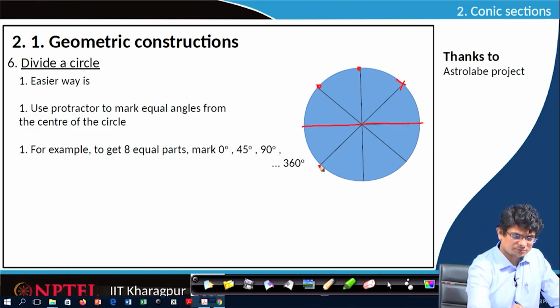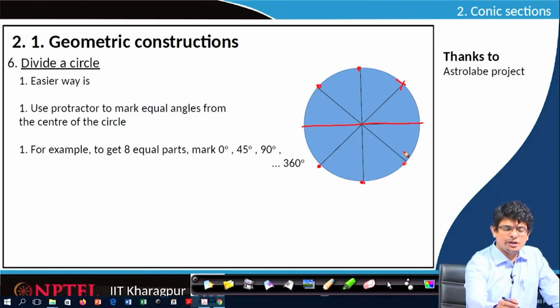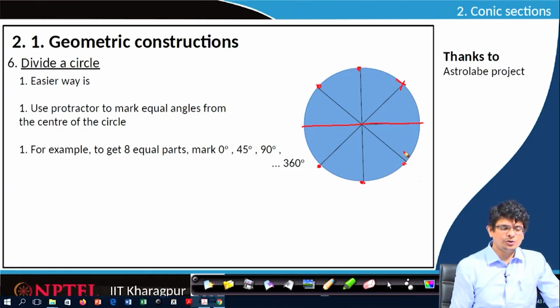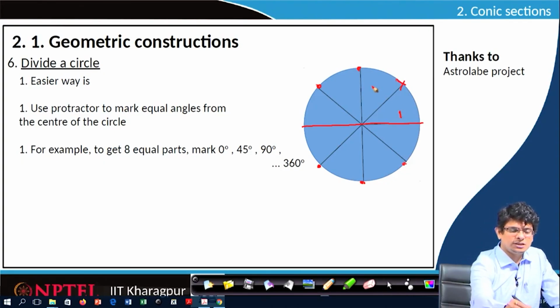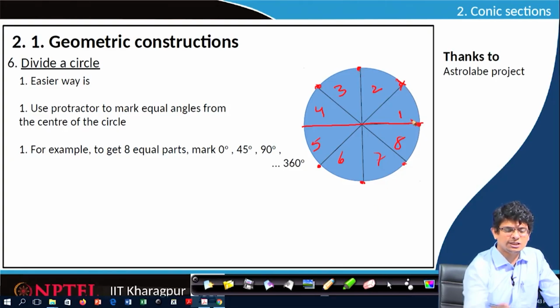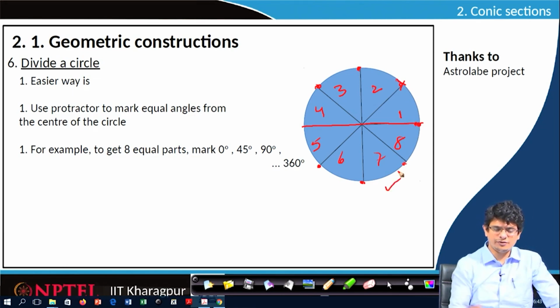The easiest way: if we would like to divide the entire 360 degrees into 8 equal parts, first one, second, third, fourth, fifth, sixth, seventh, eighth, the easiest way is 0, 45, 90 and so on, adding 45 all the way to 360. If we mark those points, we can join them and straight away divide that circle, which is a very obvious thing.